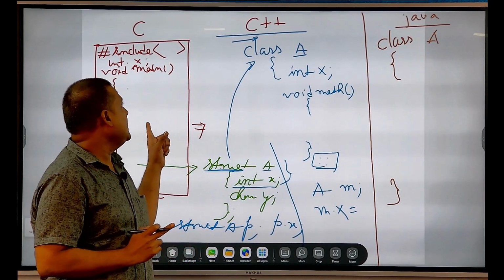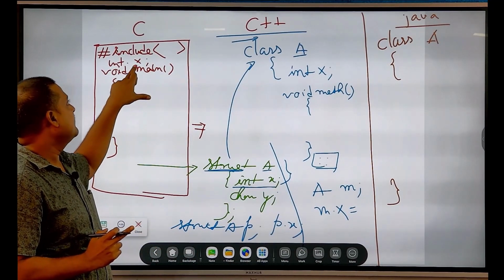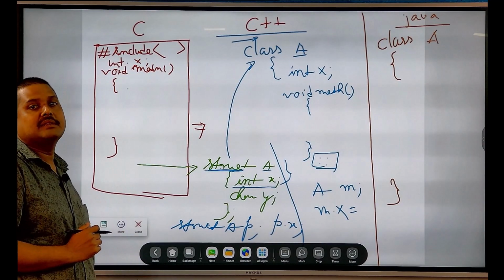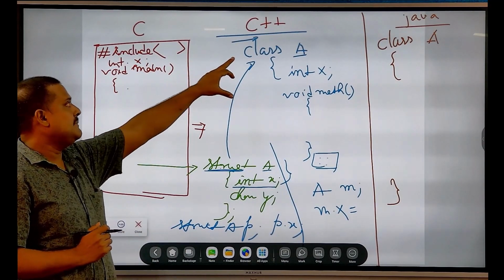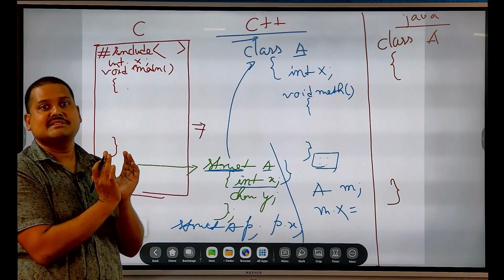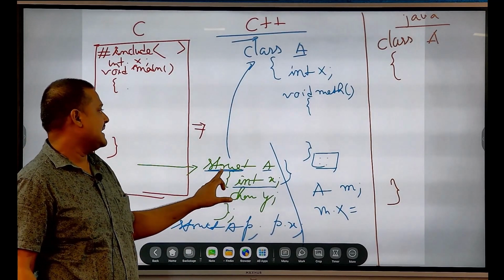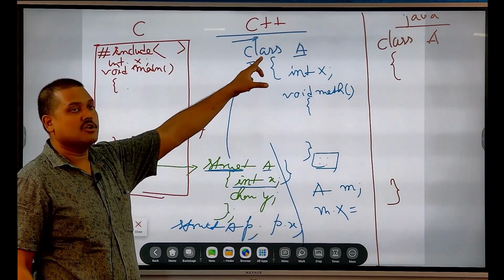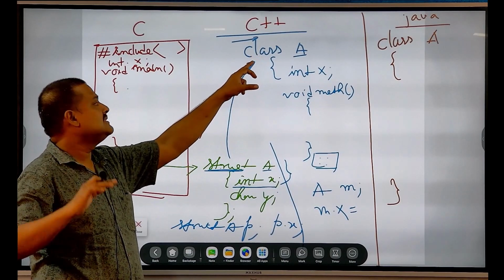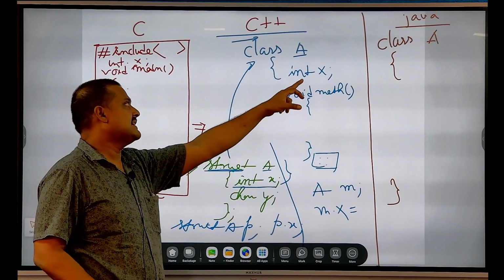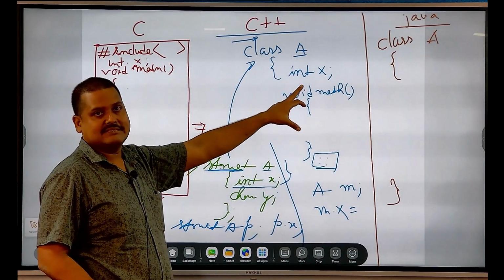In case of C, there is a method, variables can be outside, again another method, many methods can be there. But in case of C++, we have a little bit of restriction. Here we have the structure keyword replaced with the class name A, and these are the members of this class.